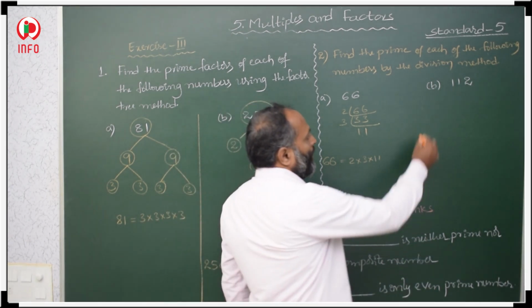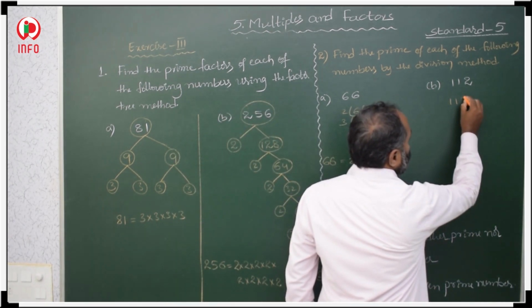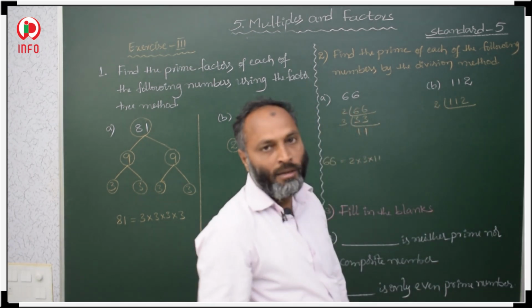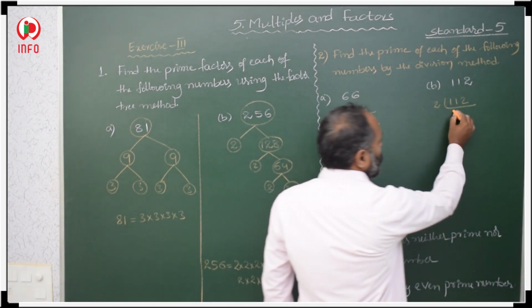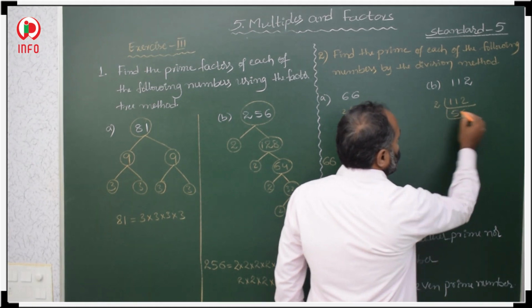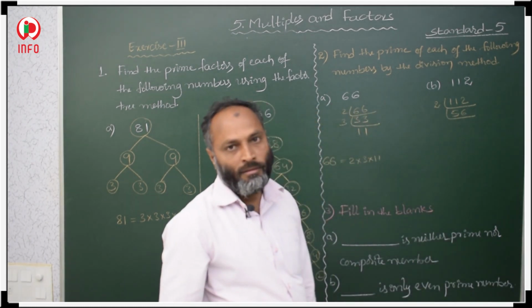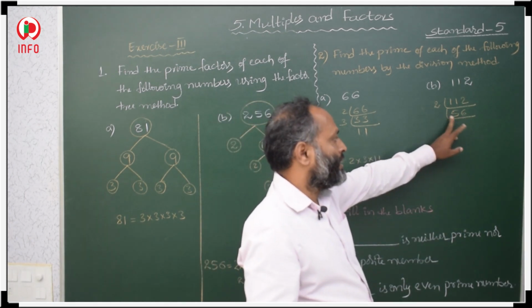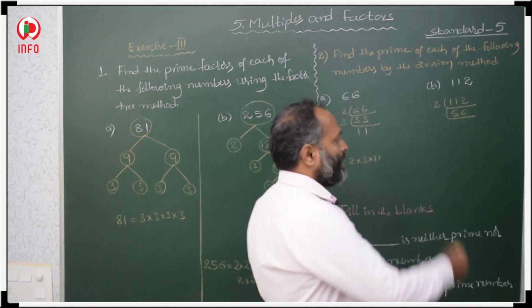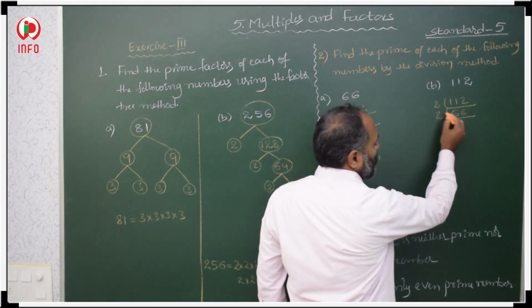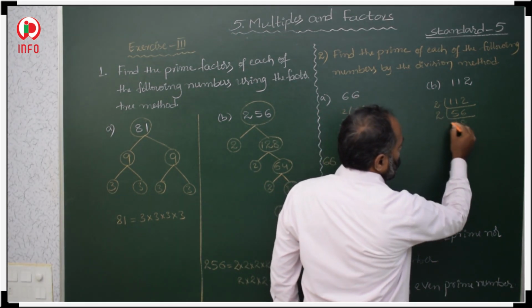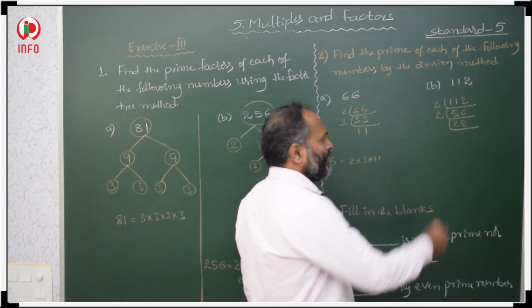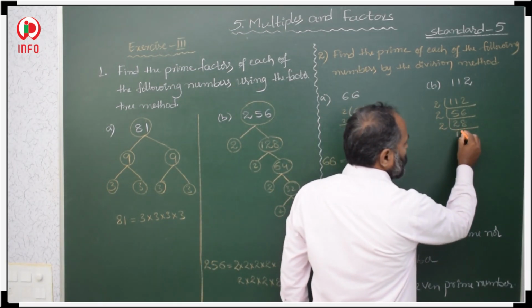Now 112. It is an even number, so divisible by 2. 2 56s are 112. Again this 56 is an even number, so it is divisible by 2. 2 28s are 56. Again this is an even number, so it is divisible by 2. 2 14s are 28.